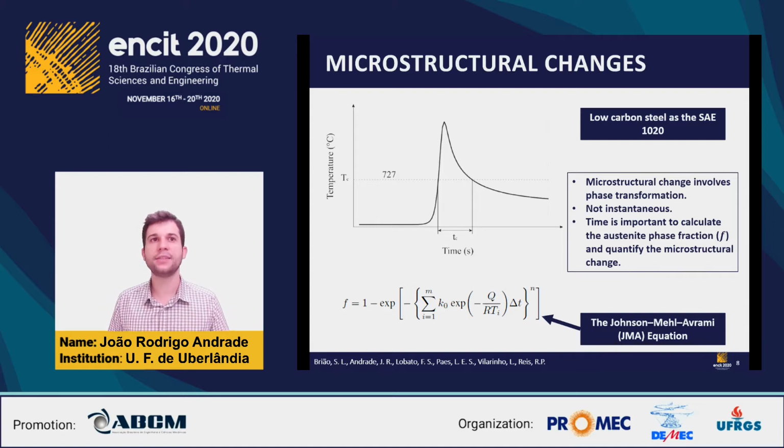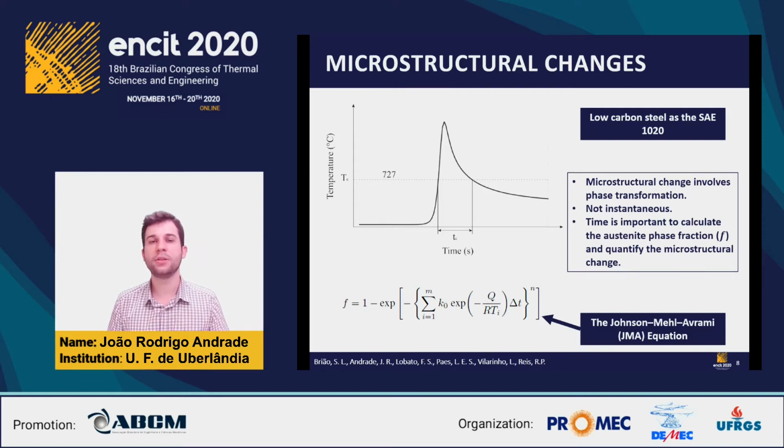It's known that microstructural changes involve phase transformation, and all these transformations are not instantaneous. That means that time is really important, for instance, to calculate the austenite phase fraction, F. For example, we can note in this figure the behavior of temperature at a given position along the simulation time.